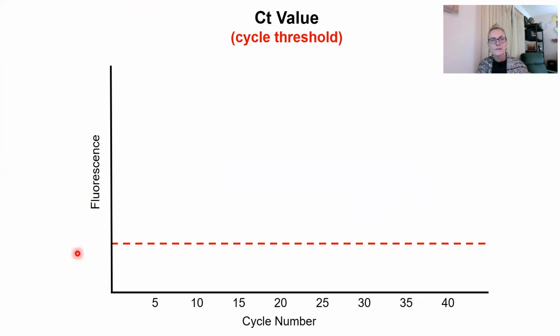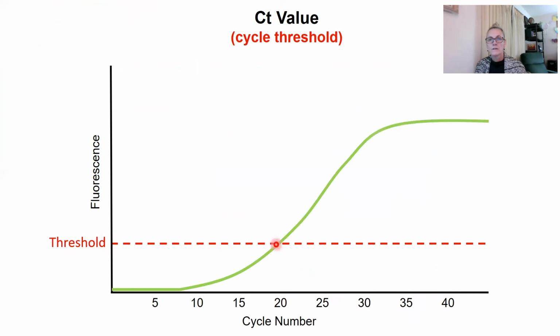There's a certain threshold of background noise, essentially, so that even if you didn't have any virus, you would still get some fluorescence. What we do is measure the cycle number at which the fluorescence crosses that threshold, and this is called the cycle threshold, or the CT value.